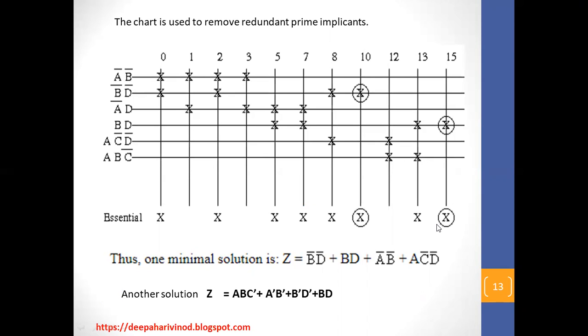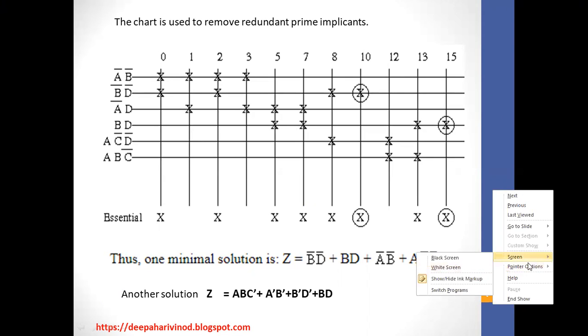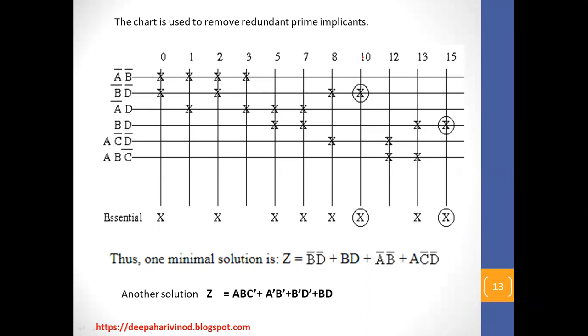Now check the essential one, that is only a single mark in the column. Check all the columns, column wise, so all have 2 markings. But in the case of this min term 10, it can only be covered by this b bar, d bar, isn't it? The rest of the min terms don't cover this 10.